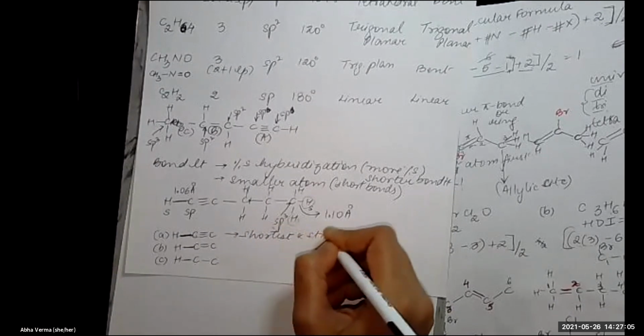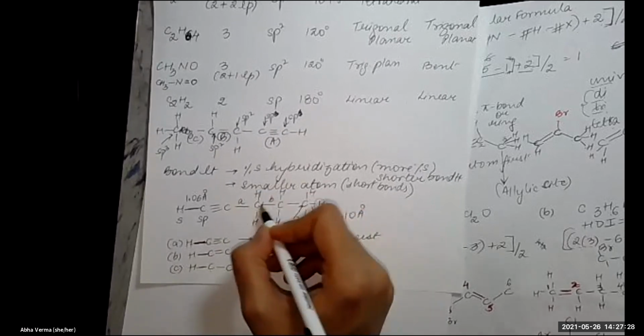A. A is the shortest carbon-hydrogen bond, followed by this, followed by this. If this is the shortest bond, which will be the strongest bond? Same, A. Yes, shortest and strongest.